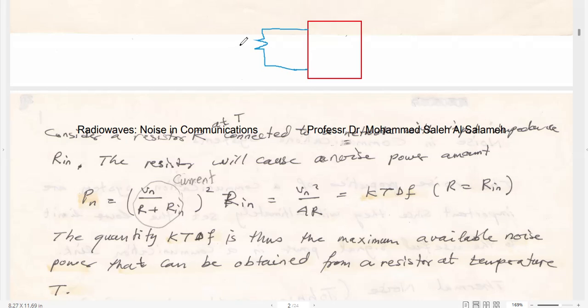The resistor value is R ohms, and the input impedance is Z input.